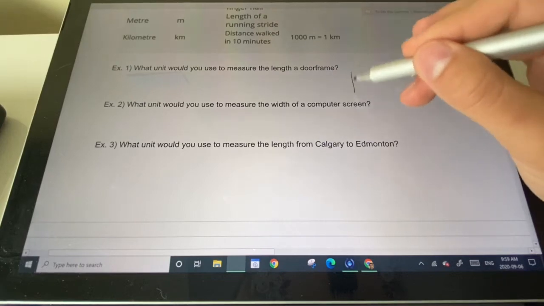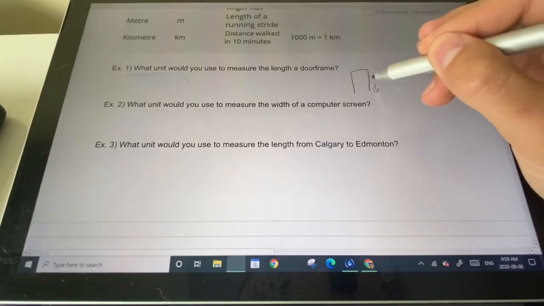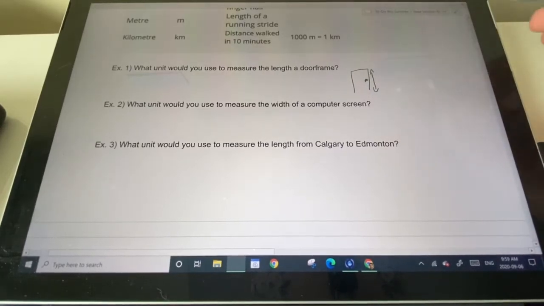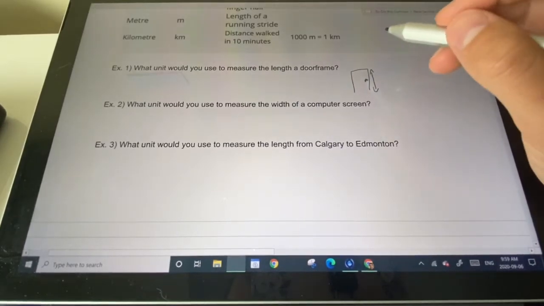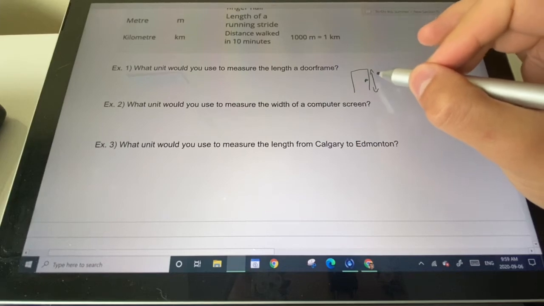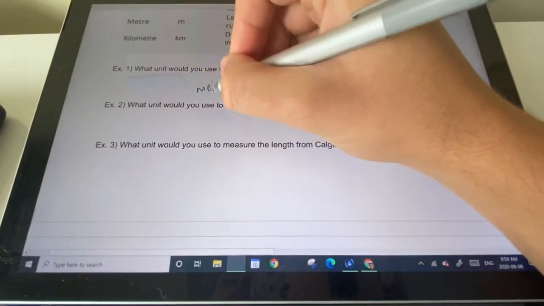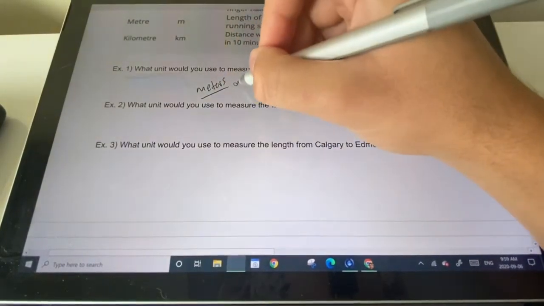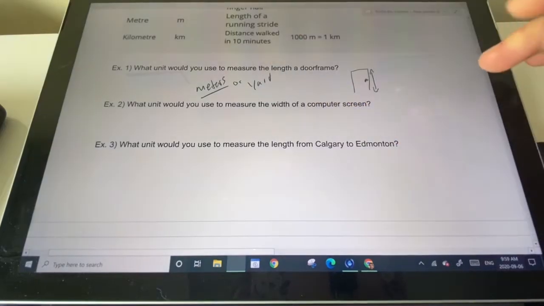If we think about a door frame from up here to here, I'll put a little knob here, I would argue you're probably going to want to measure that in meters. But someone could also argue you could measure it in yards.